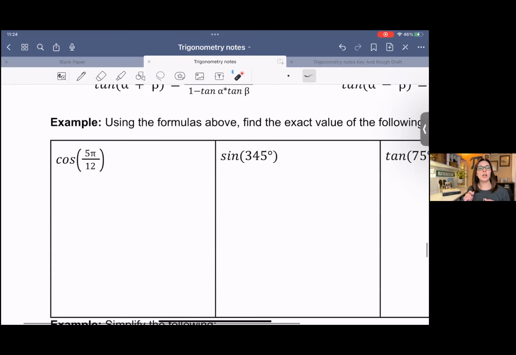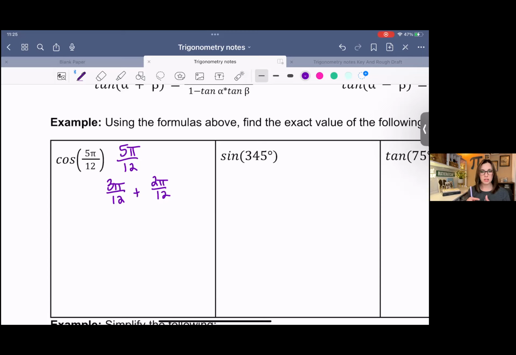So we're going to be focusing on pi over 3, pi over 4, pi over 2, pi over 6. Those are all very familiar angles, so I can use those instead. 5 pi over 12 breaks up into, let's see, 3 pi over 12 and 2 pi over 12. 4 and 1 won't work, because if I do 1 pi over 12, I don't know pi over 12, so that's not going to help.